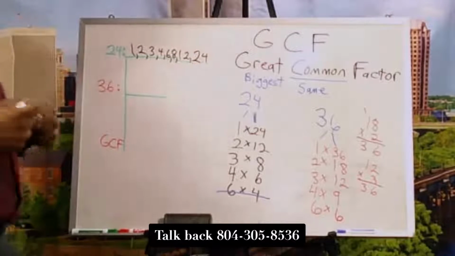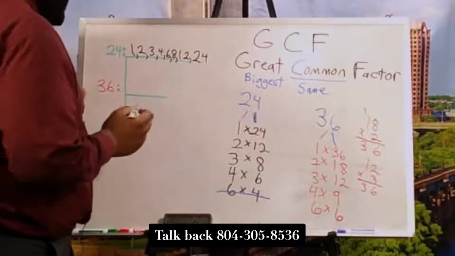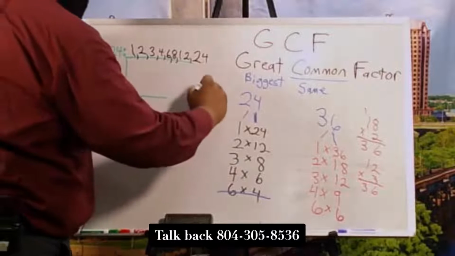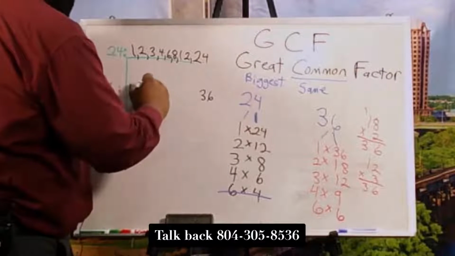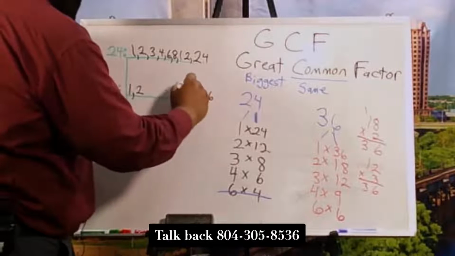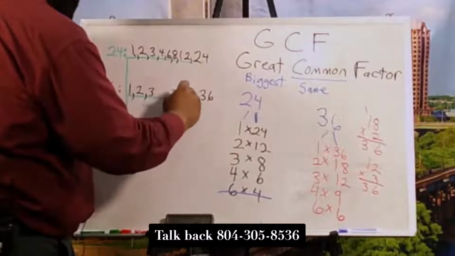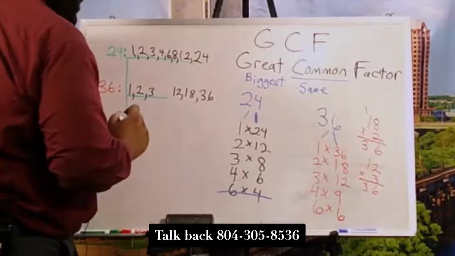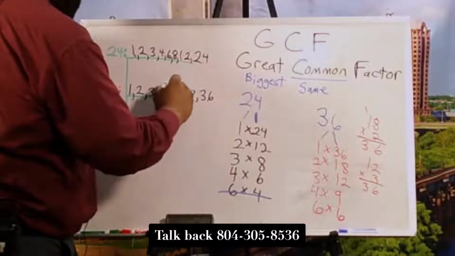So check this out. Now we want to do the same here at the bottom. What gave us 36? 1 and 36. 2 and 18. 3 and 12. 4 and 9. And I'm going to squeeze that 6 in there.